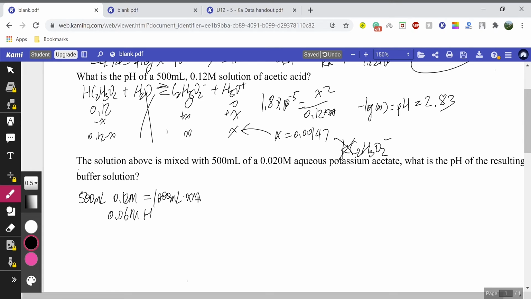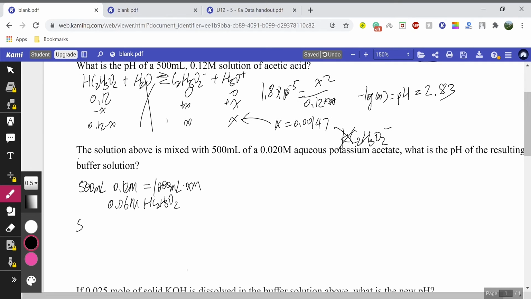This is going to be the concentration of HC2H3O2. And now our aqueous potassium acetate, we also have 500 milliliters, and this time it's only 0.02 molar, equal to 1,000 milliliters, our same solution, times x molar. So this is 0.02 divided by 2, which is going to be 0.01 molar of C2H3O2 minus.